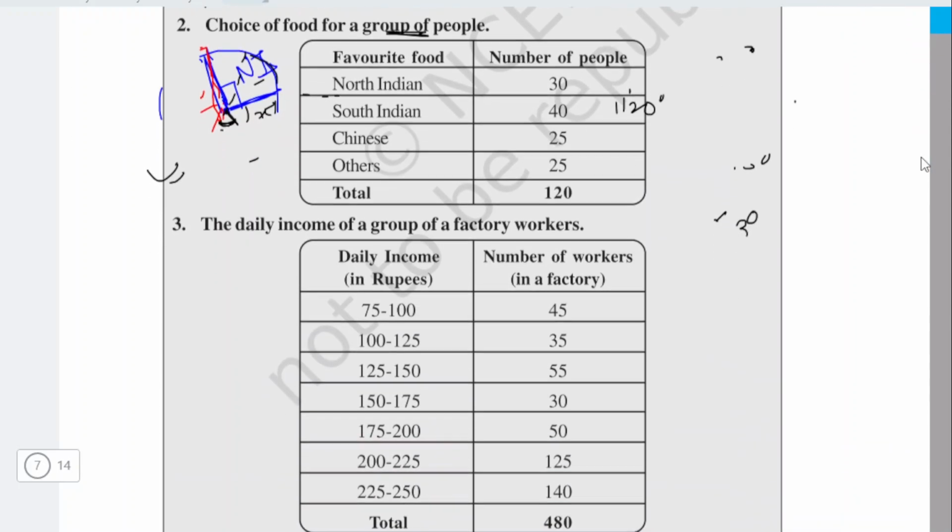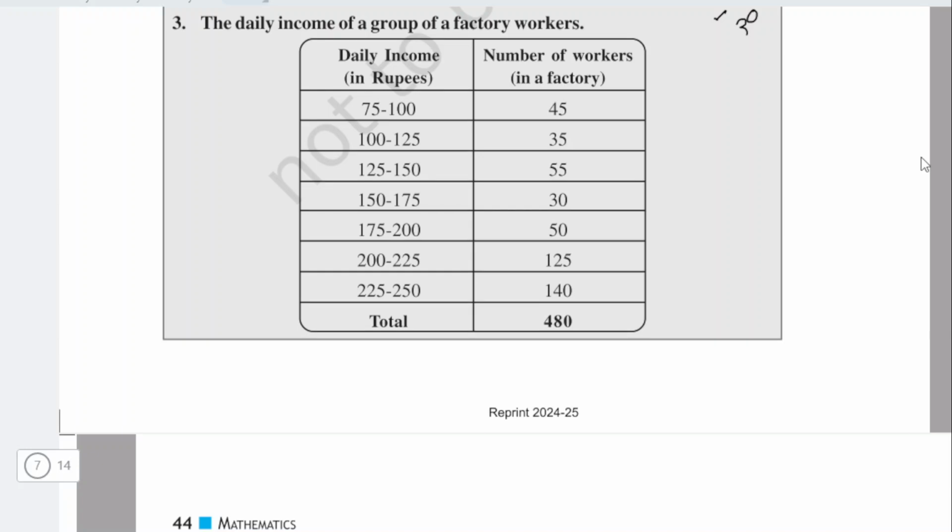So next one, daily income of a group of factory workers. So there is a group of factory workers and their daily income is shown.